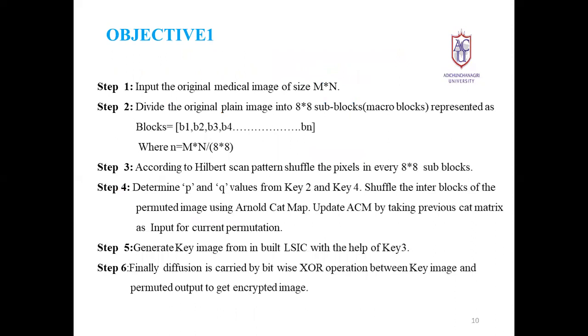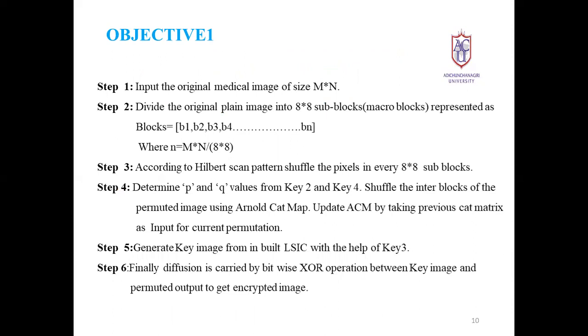The input image is divided into blocks of 8 cross 8 subblocks, represented as B1, B2, B3, etc., Bn. According to the Hilbert scan pattern, shuffle the pixels in every 8 cross 8 subblock.